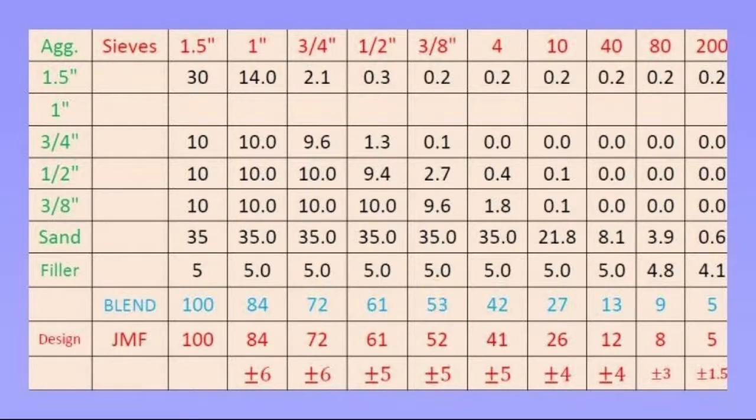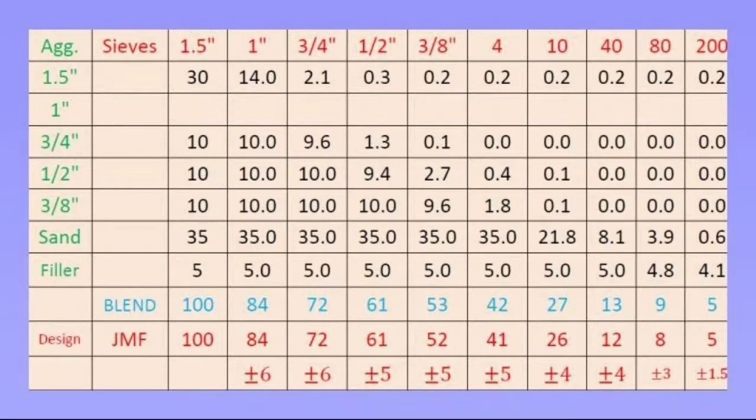But 53 is inside the JMF limit because our design JMF limit is 52 plus minus 5. It means 47 up to 57. So the 53 value is also correct.